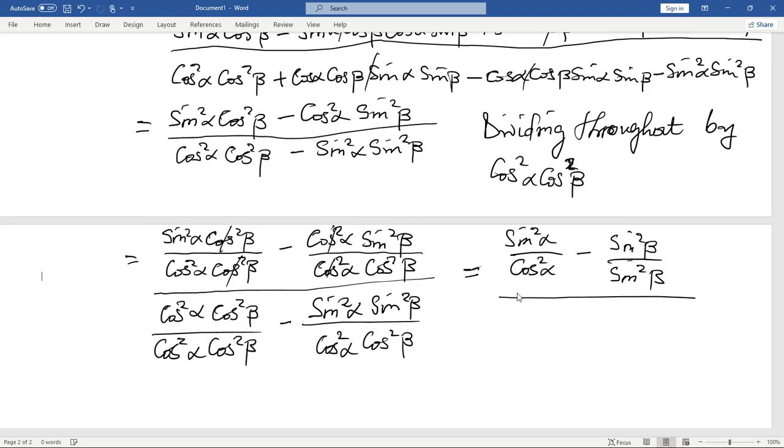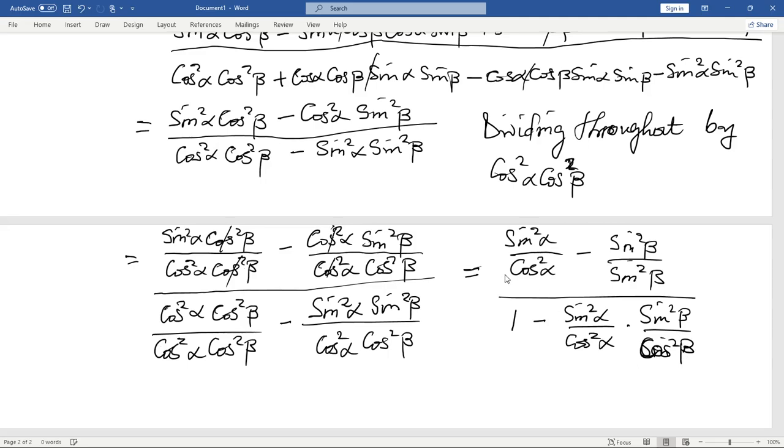We divide everything here by this here, everything is simply going to cancel out. Then we're going to have 1 here minus sin squared alpha divided by cos squared alpha here. Then we multiply with sin squared beta divided by cos squared beta, like this here.